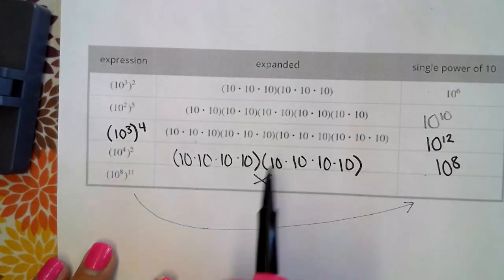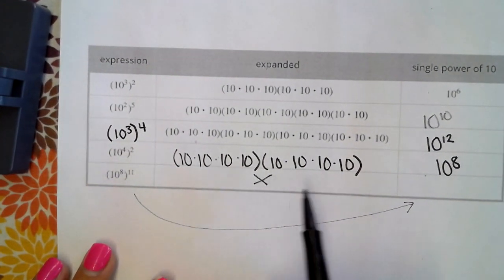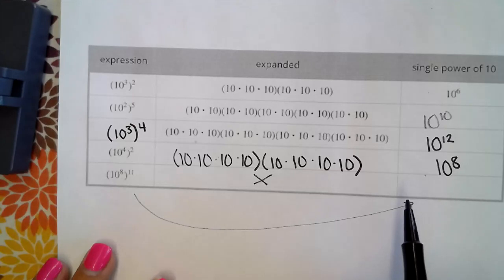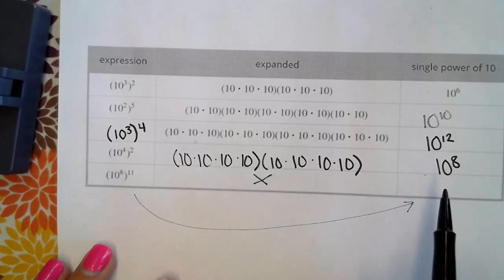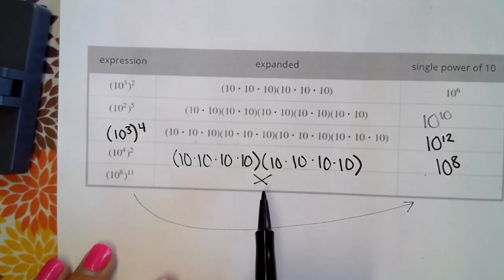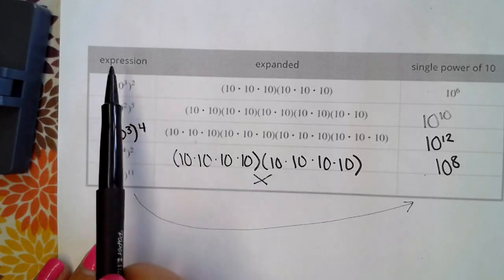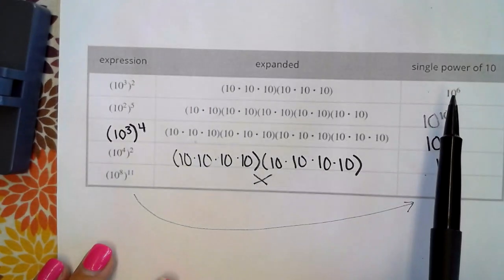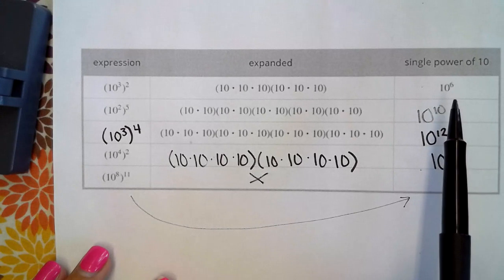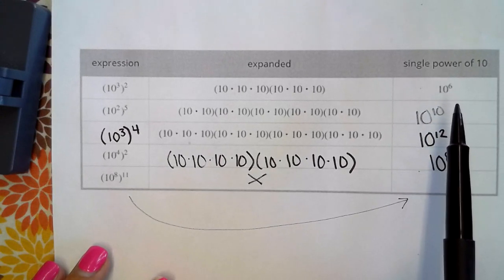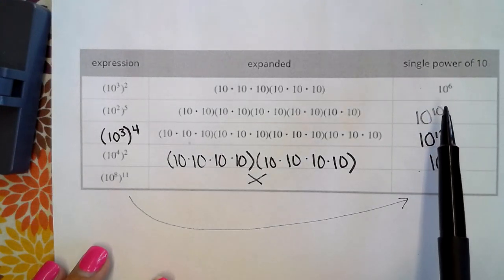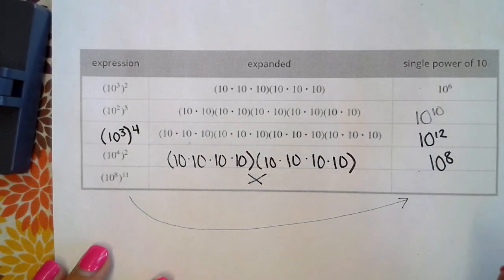Now I'm going to tell you you're allowed to skip this box, but you still have to answer this box. So how do we get this without knowing this? You should be seeing a pattern as to how you get from this to this.